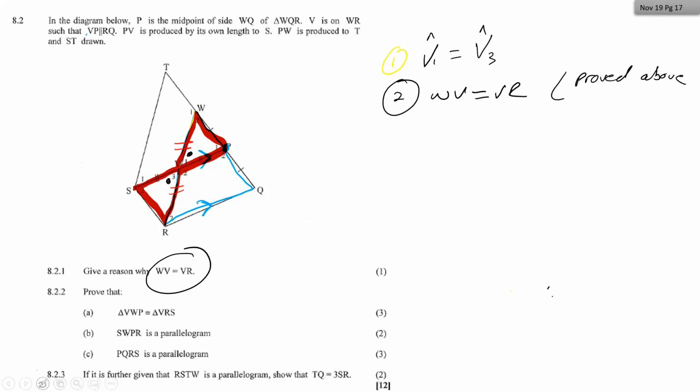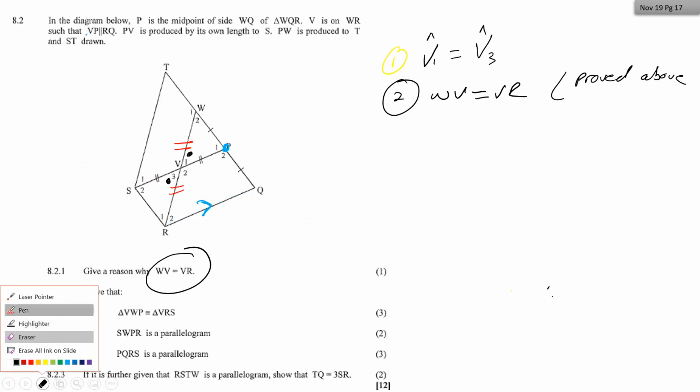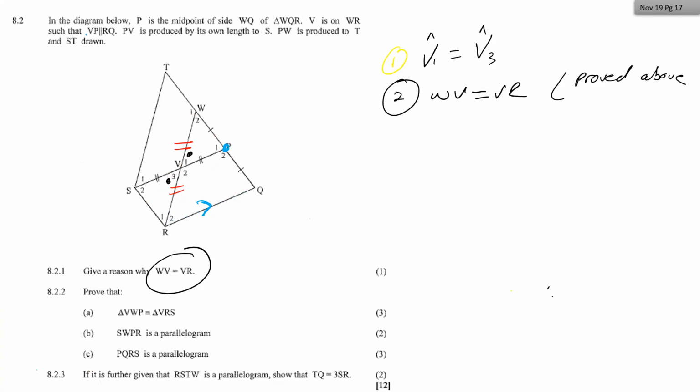Now my diagram is very clouded, so I just want to erase all this because I can't see the third one, and use a lighter color. Actually, that's black on black. It's not working out. Let's put a yellow. And you'll notice it was given that SV is actually equal to VP.